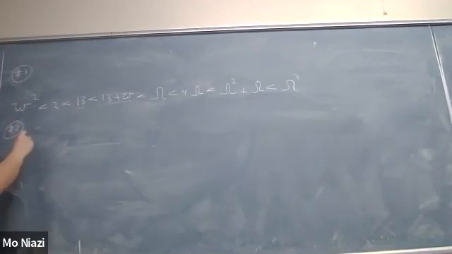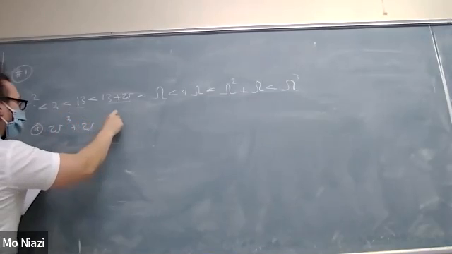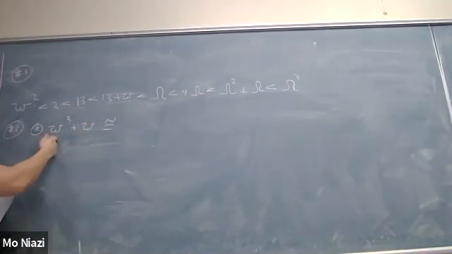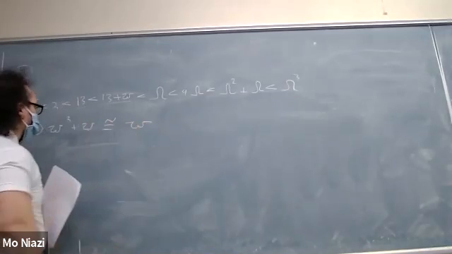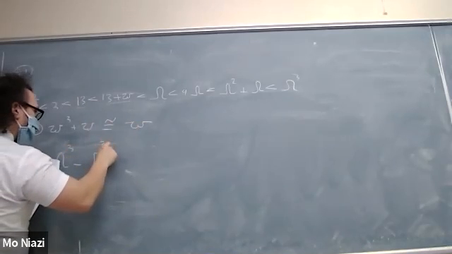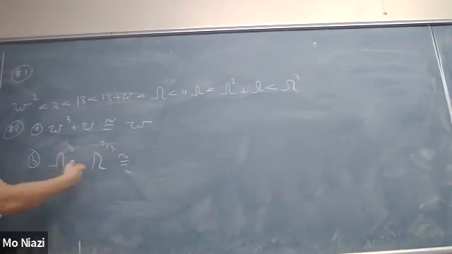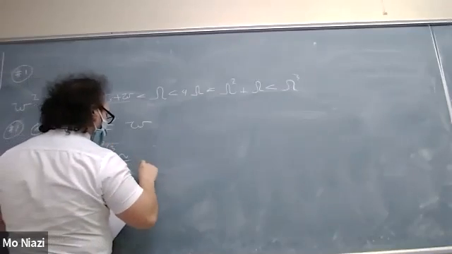This is approximate these to first order. This is on a higher level than that, so we just get this. Approximate to first order. This is on a higher level than that, so this part just goes away.